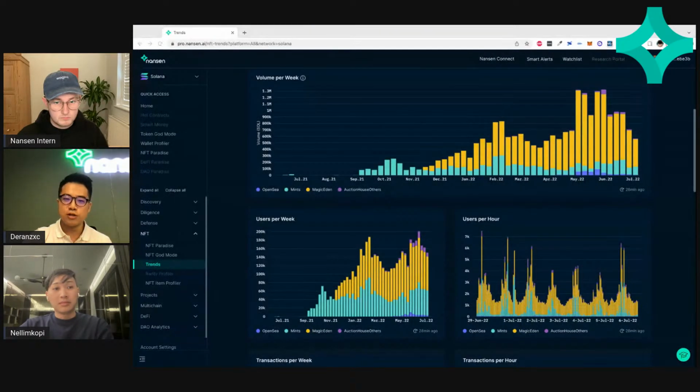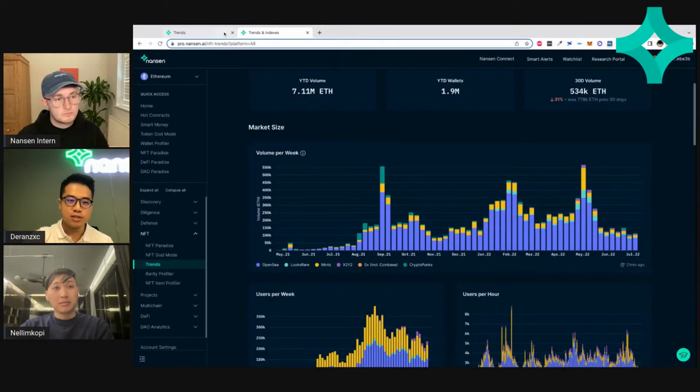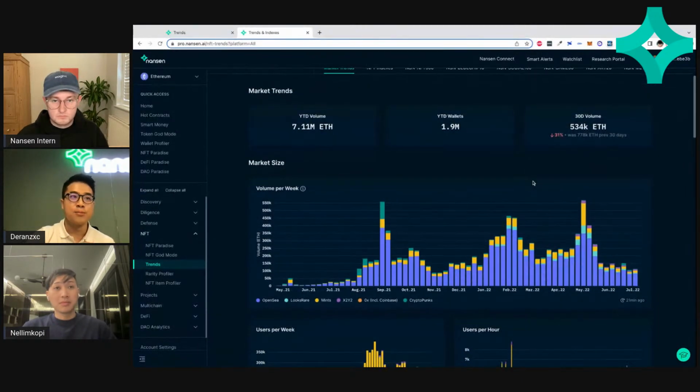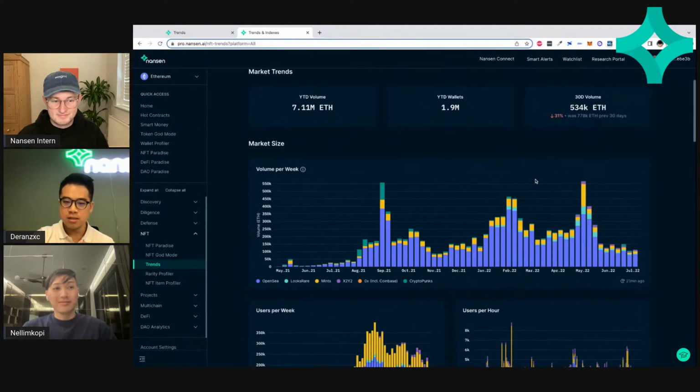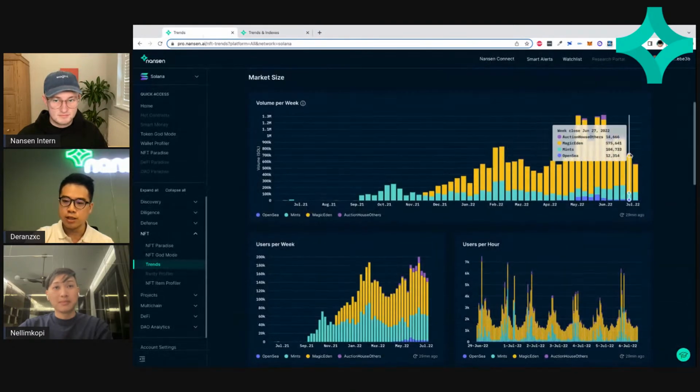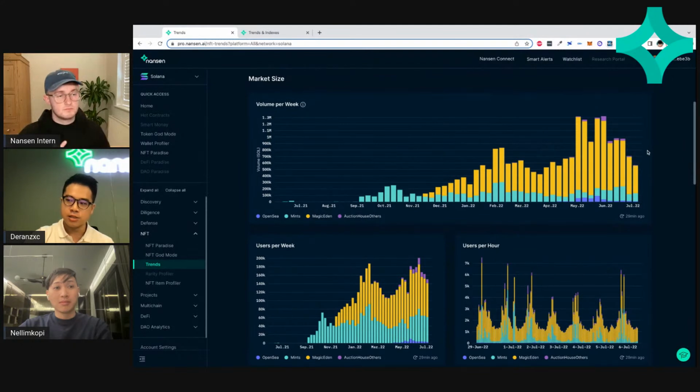And just a quick note, I think we discussed it previously, but I just want to do a quick comparison. I'm obviously trying to be as unbiased as possible, but there does seem to be a bit more of a drawdown for the volume on ETH compared to the volume on Solana. One hypothesis I have, not sure if you guys agree, is that there are entire groups of people who try to trade NFTs on ETH.